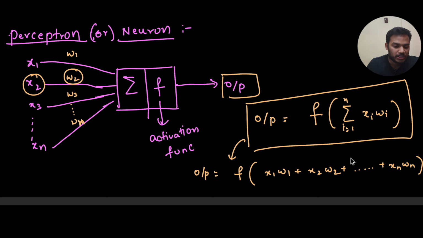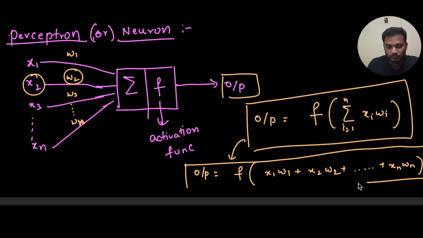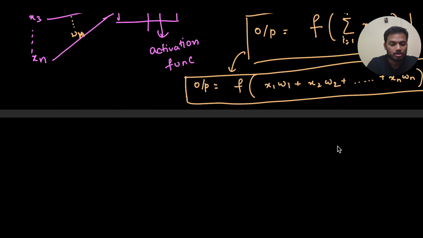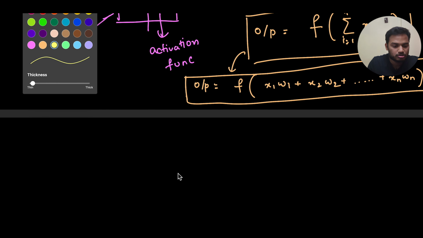Now if we carefully observe this particular equation, have you seen this before in my videos in any other form? If you remember, what is the hypothesis of linear regression? We already discussed there are three steps, right? First one is the hypothesis, then the loss function, and then the optimizer.